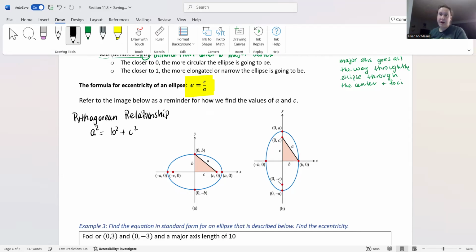And this visual right here kind of explains why that is. You can see A, B, and C. They've secretly given you the A value in a different way.